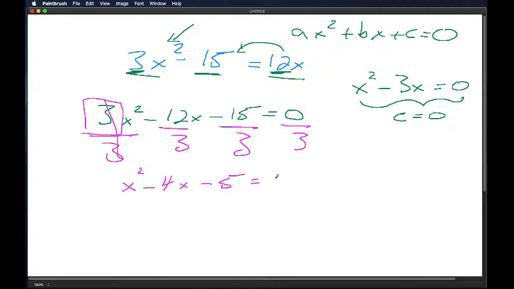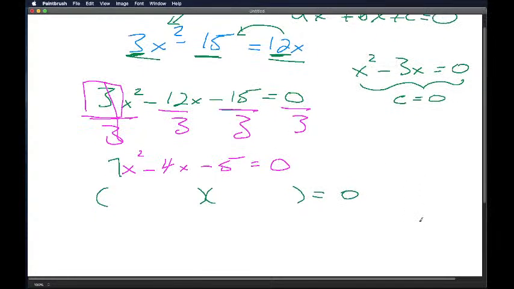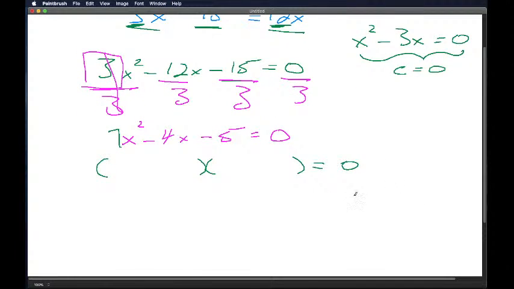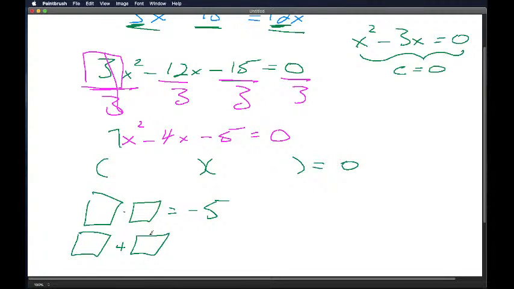And of course 0 divided by 3 is 0. And now that I have this really nice 1x squared, this is box method, isn't it? All right, so we have the box method here. 2 numbers that multiply to get negative 5, and the same 2 numbers that add up to get the middle number, which is negative 4. So what are those 2 numbers, Ollie?